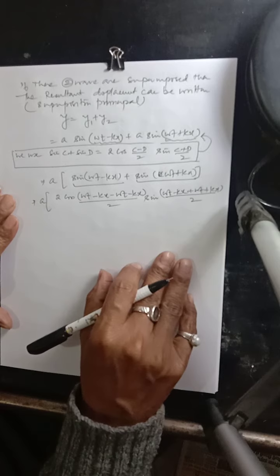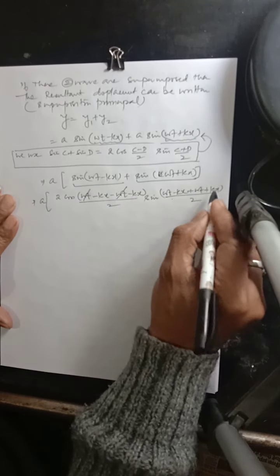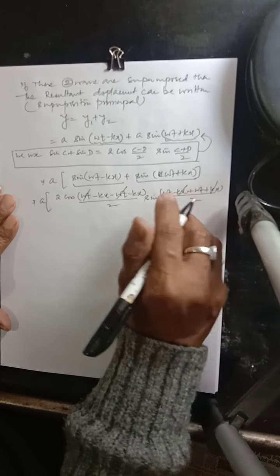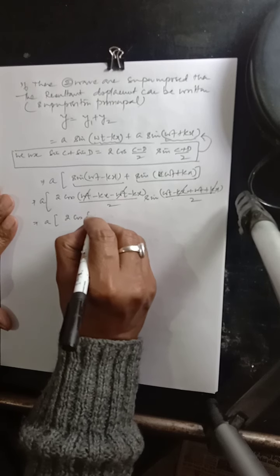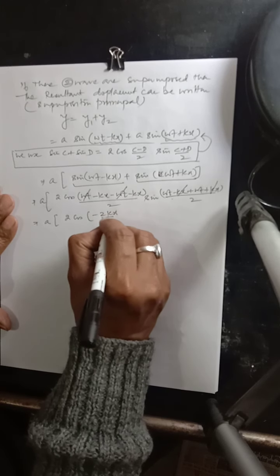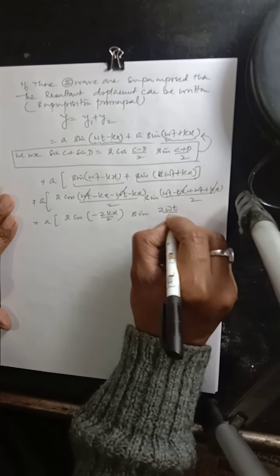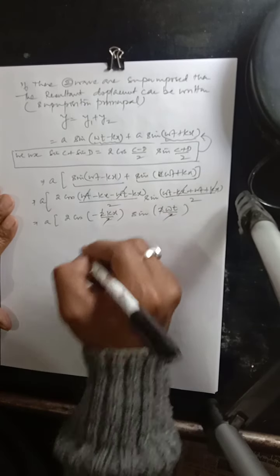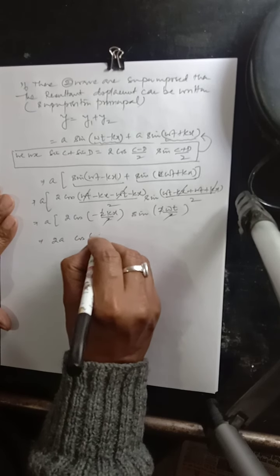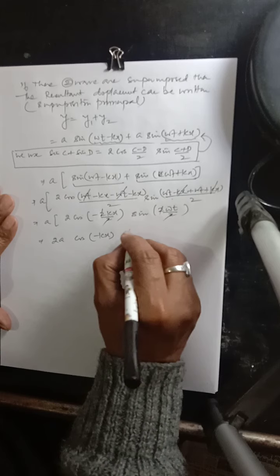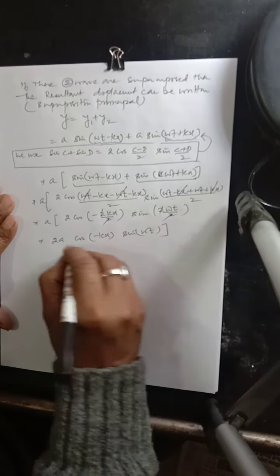What can be cancelled out? Omega t minus omega t plus, here kx plus kx minus. So what we are getting here is 2A cos of minus 2kx by 2, and it becomes sin of 2 omega t by 2. The 2 is cancelled out. So it is 2A cos of minus kx and sin of omega t.